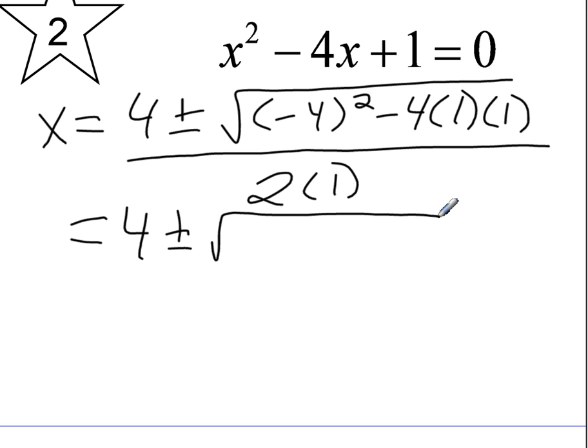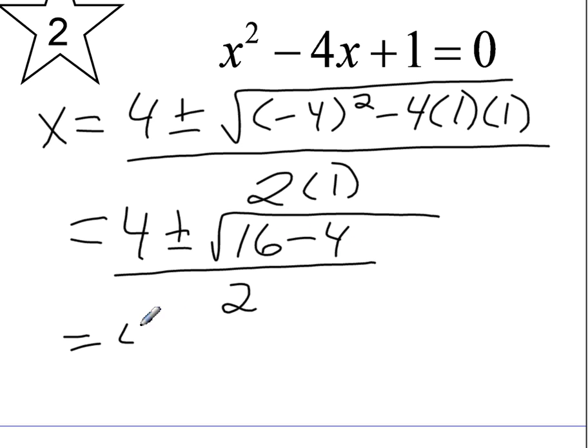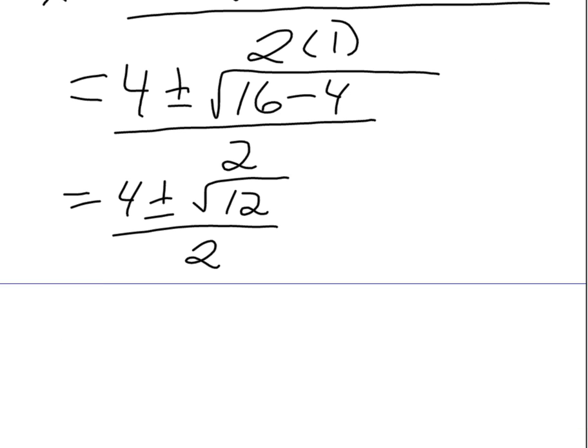Okay, simplifying inside the radical. Negative 4 squared is positive 16. 16 minus 4 is 12. 4 is a perfect square that goes into 12.